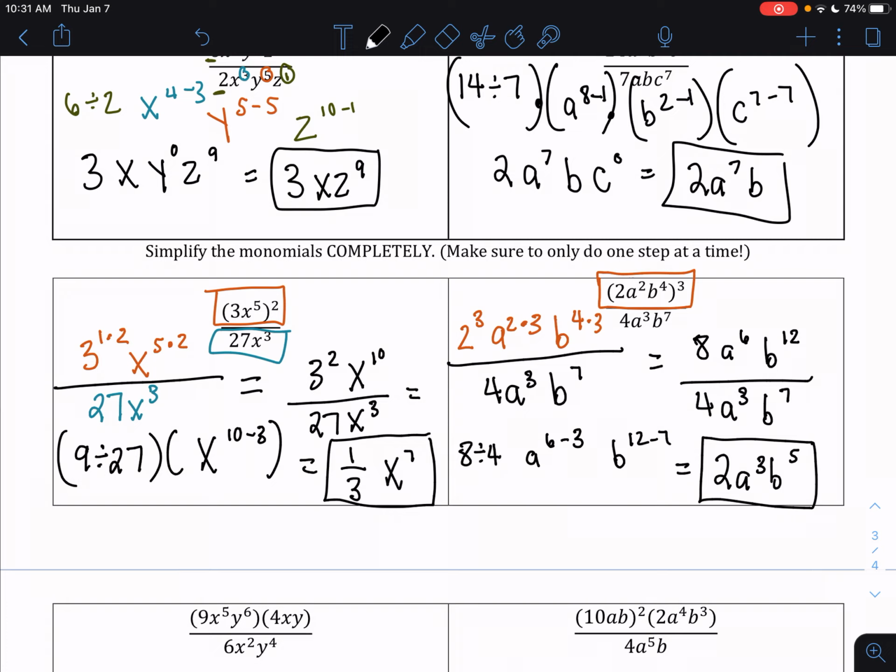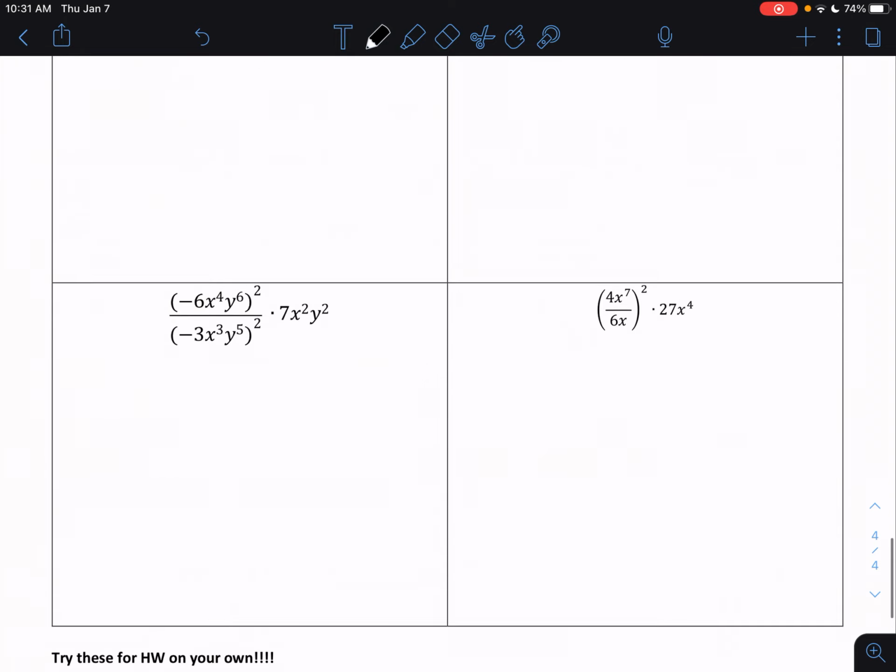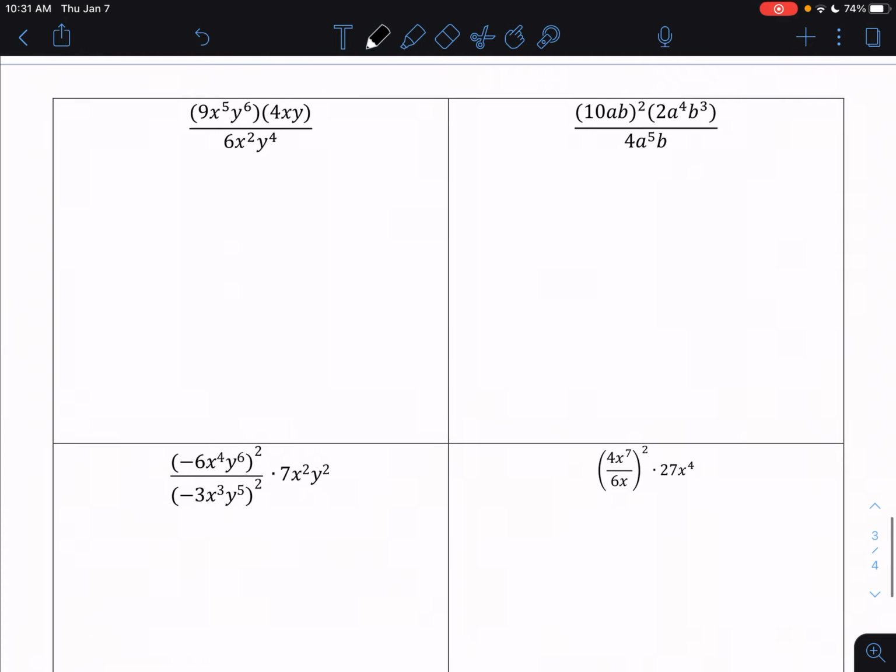And that's our final answer. Okay, so we have 4 more to go through together. And they are going to get longer and harder here. But again, if you take it step by step, I promise it'll be a lot easier.